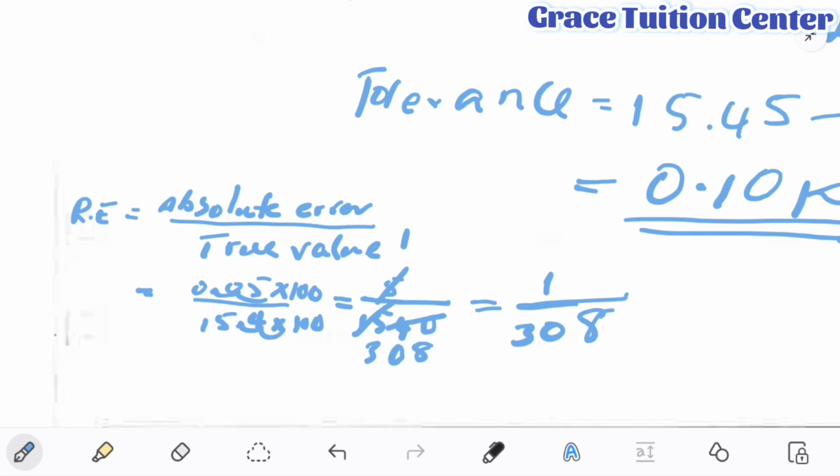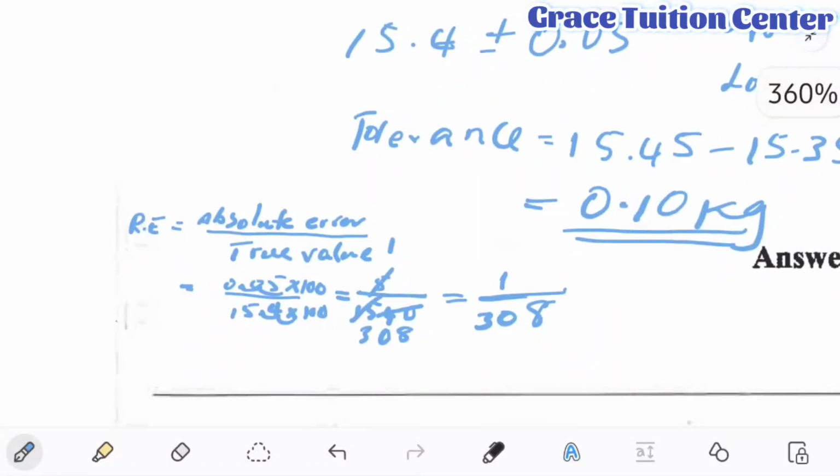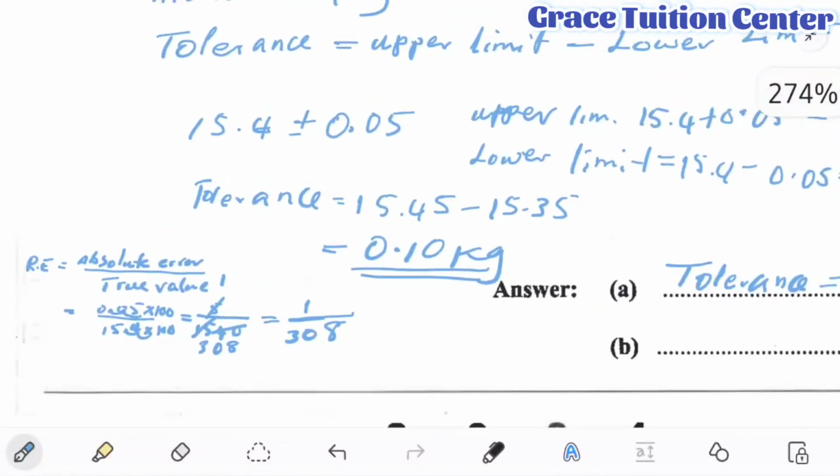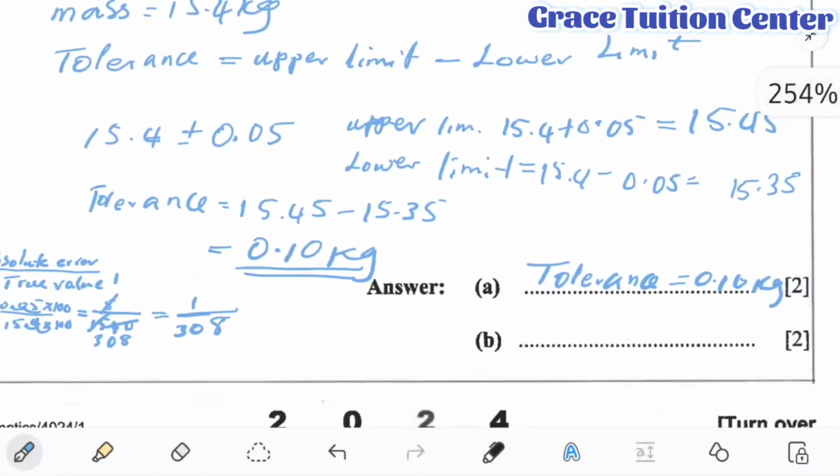The absolute error is the acceptable error I talked about. If your number is to 1 decimal place, your absolute error is 0.05. If it's a whole number, 0.5. If it's to 2 decimal places, it's 0.005. So you go ahead, put your absolute error on top over the true value, which is what you are given in the question. I hope this is making sense.